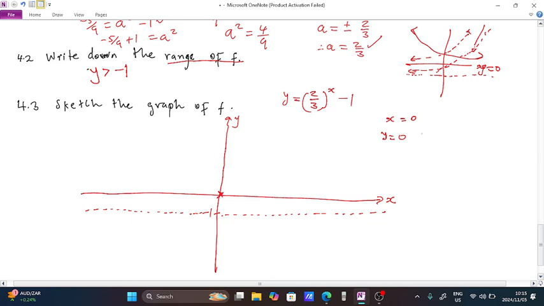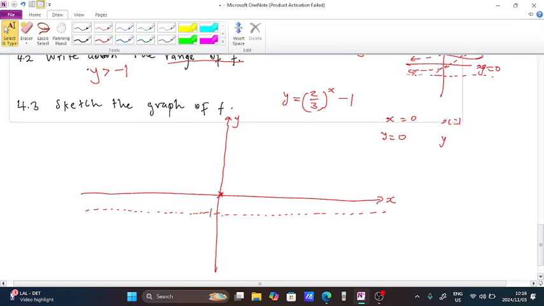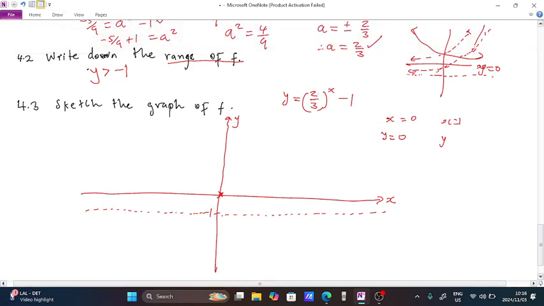Now let's put x equals 1. What do you get? y equals, what are you getting? Minus 1 over 3. So you can calibrate here 1, 2, 3.